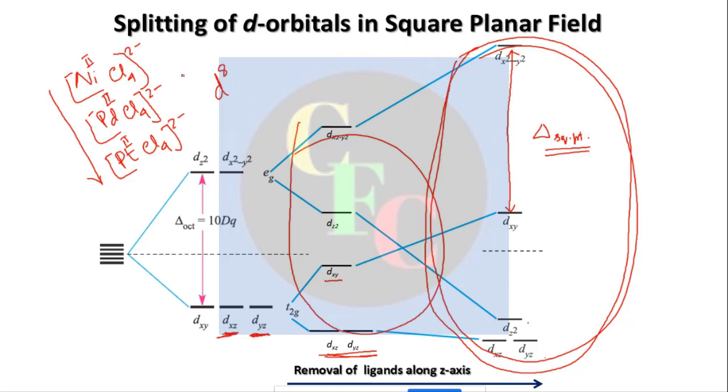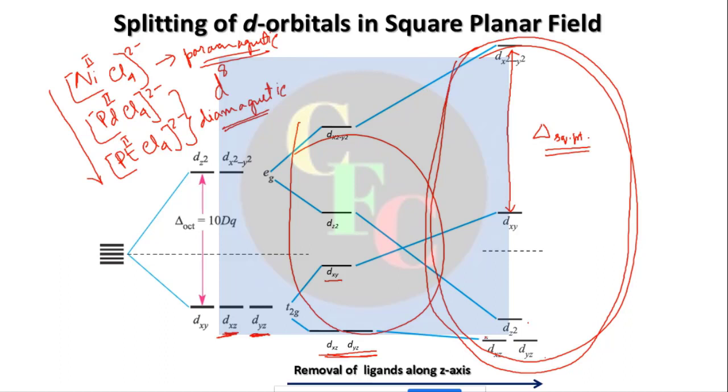Now it is interesting to note that these two are diamagnetic, while the nickel one is paramagnetic. This can be explained with crystal field theory.